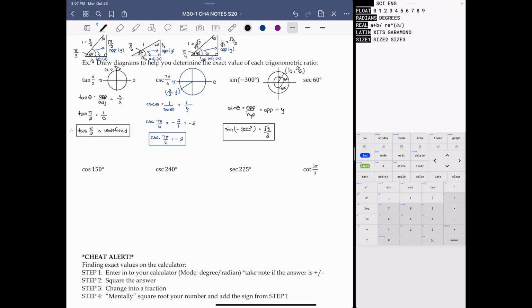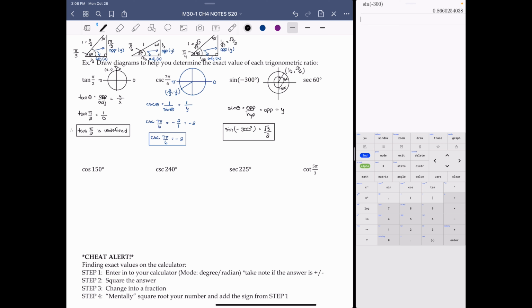Then I go down until I'm on the radians degrees. This question's in degrees, so I need to change to degrees, hit enter, then exit. For the Casios, you go down until you're on angle, and then you hit F1 for degrees. So we enter sine negative 300 and then calculate that.